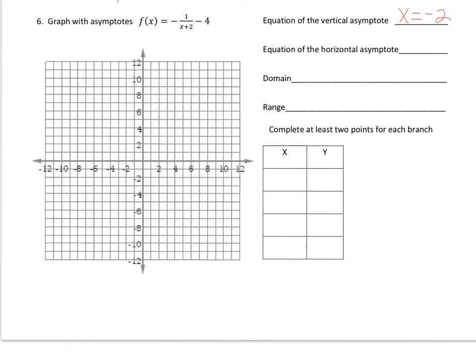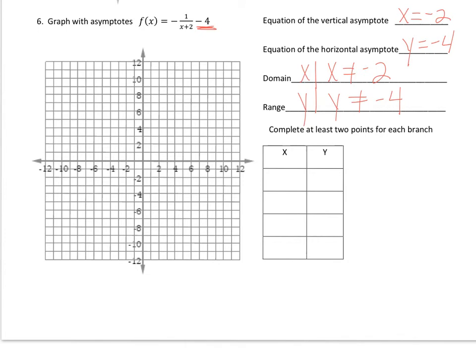And our horizontal asymptote is this k value out here, minus 4. So y equals negative 4. So the domain is x such that x cannot equal negative 2, and our range is y such that y does not equal negative 4. So it just does not equal your asymptotes.